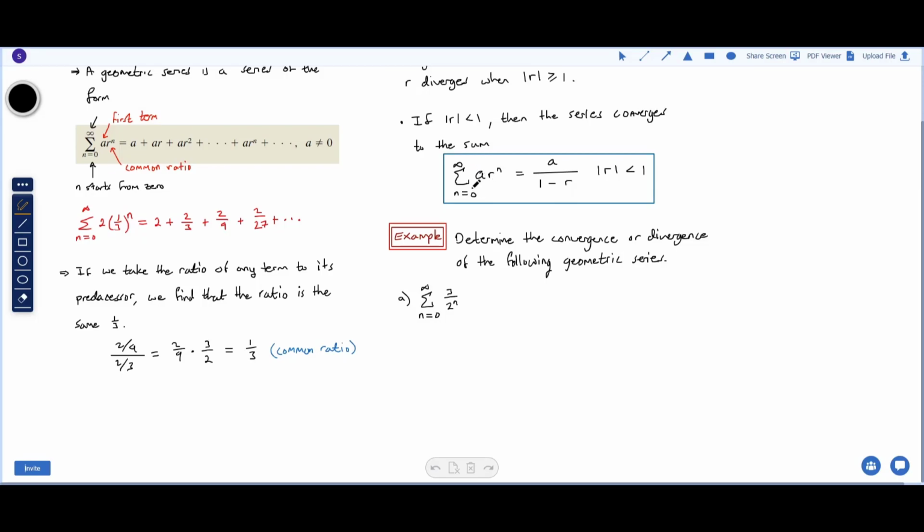And if you can do that, okay, this is a geometric series. Now I just need to check if the magnitude of the common ratio is less than 1, and if it is, then I know it converges.